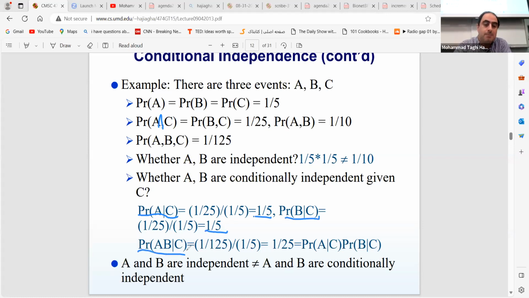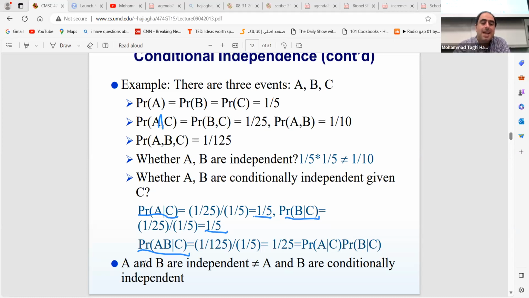And the probability of ABC given C would be A intersection B intersection C over the probability of C, that is, 1 over 125 over 1 over 5. If you compute it, that says that the probability of AB conditioned on C is equal to the probability of A conditioned on C times the probability of B conditioned on C.